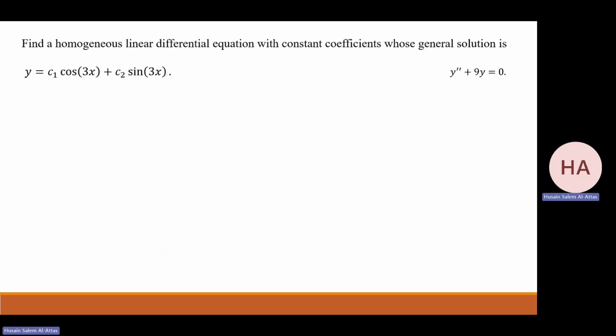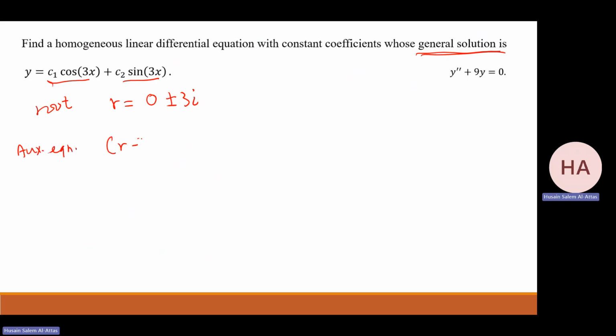Find the homogeneous differential equation with constant coefficients whose general solution is given. Because I have everything now. When I say general solution, it means I have everything. So what is the root? This is for sure: r will be alpha 0, plus or minus 3i. What will be the auxiliary equation?